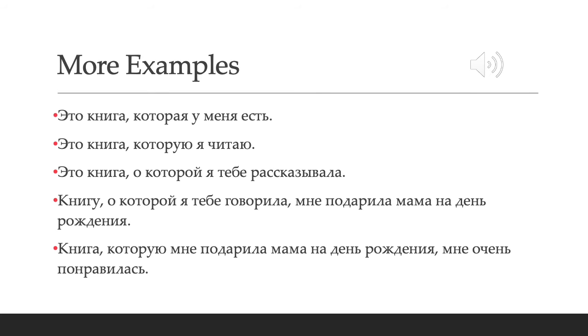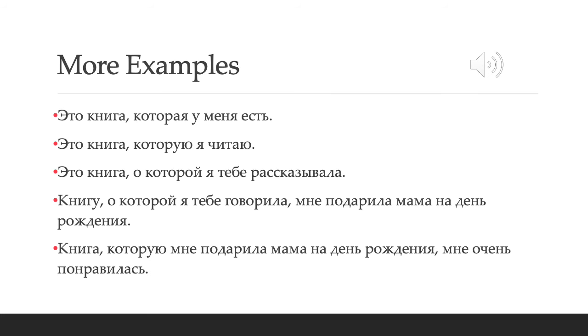Now we have a couple more complicated sentences. Let's look at the first one. Книгу, о которой я тебе говорила, мне подарила мама на день рождения. The book I was telling you about, my mother gave me for my birthday, or my mother gave me the book I was telling you about for my birthday.